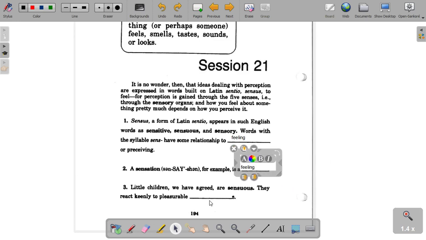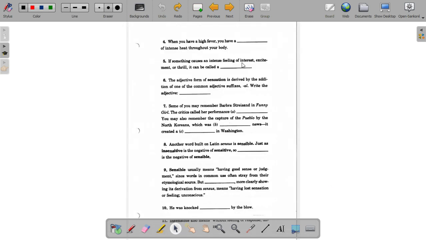And then little children, we have agreed, are sensuous. They react keenly to pleasurable feelings. Especially babies, they like to feel things. If you ever have a baby who has something that crinkles or makes a neat sound, they really like those. And when a baby's tickled, they laugh. That's a very sensual feeling.